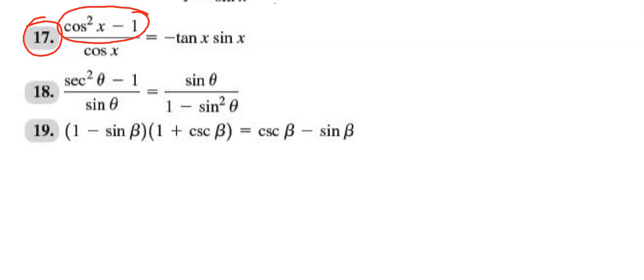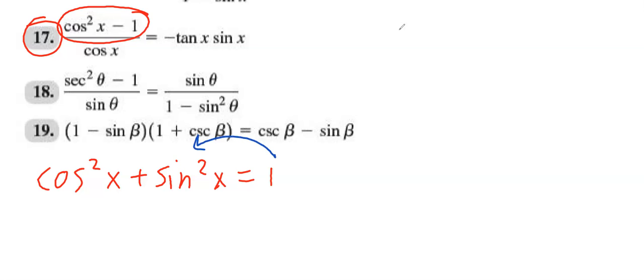Okay, so I'm going to see if you moved your Pythagorean theorem around correctly. If I want cosine squared x minus 1, obviously that means the 1 is going to have to come over to that side, right? What am I going to do with the sine squared x? Move it to the other side.